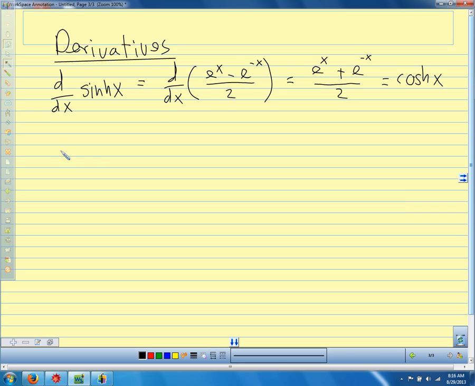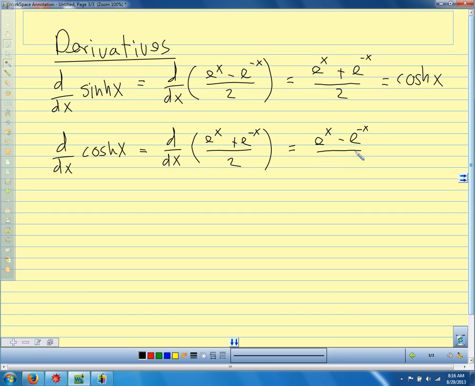And then from our definition, take the derivative of cosh x, d dx of e to the x plus e to the minus x over 2. And what happens here? Minus e to the minus x over 2, which is sinh. So similar, except for a sign here. Sign S-I-G-N, not S-I-N-E.